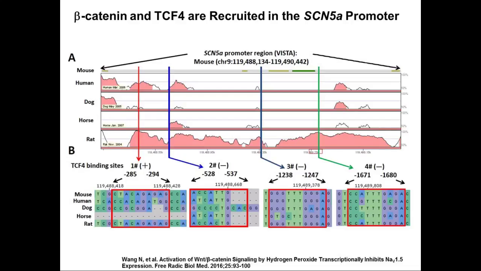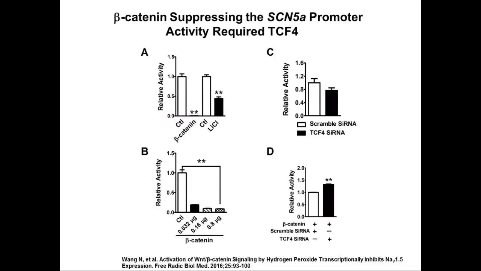So we did the same thing. We aligned the promoters of the sodium channel genes from different species and found several potential TCF4 binding sites. We did in vitro luciferase assays with overexpression of beta-catenin.